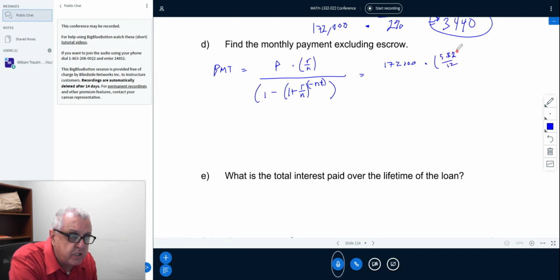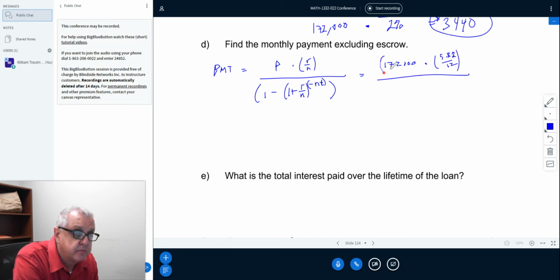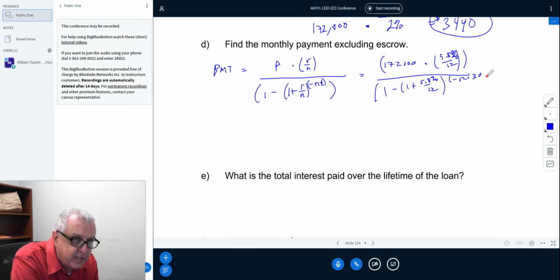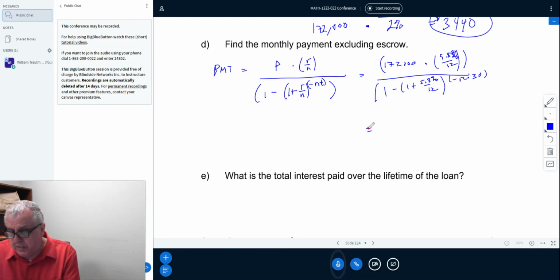N is 12 because we're making monthly payments on a house, the same as a car. 5.8%, that's a percentage symbol, over 12. And then we have 1 minus parentheses 1 plus 5.8% over 12 raised to the negative 12 times 30 years. House payments are normally 30 years. If you can afford 15 years, you can do that.